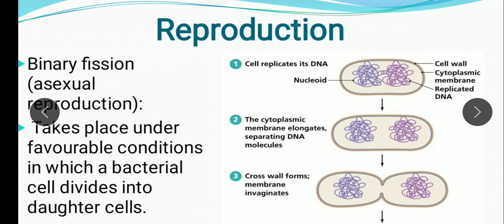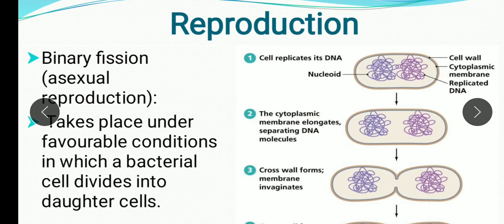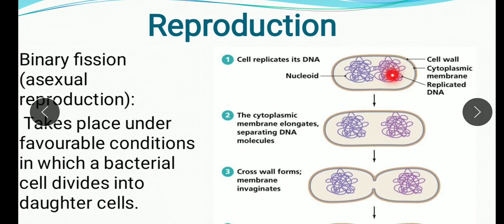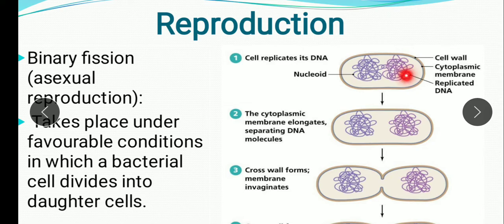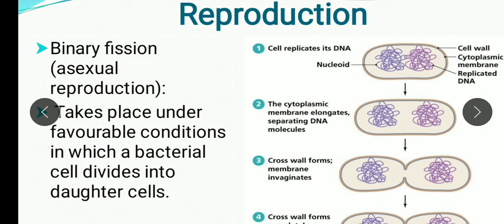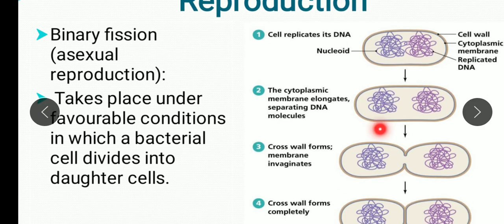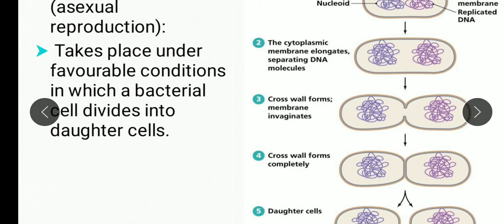Then the cytoplasmic membrane elongates and separates both the DNA molecules. Here is the formation of one more DNA molecule, that is the replication. This is the replicated DNA, and after that the cytoplasmic membrane elongates, separating both the DNA molecules. Then the cross-wall membrane invaginates and the cross-wall forms completely in between the bacterium wall.